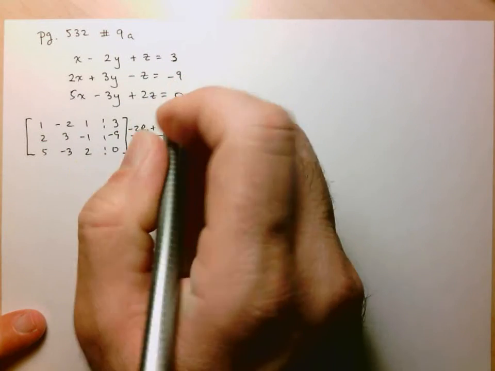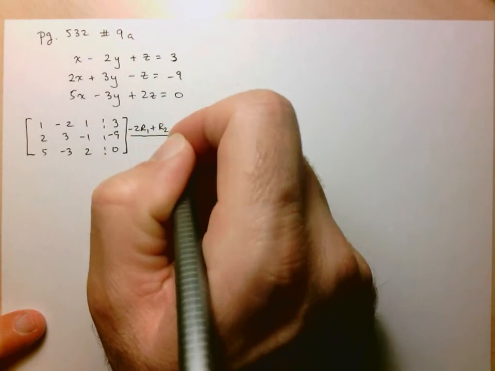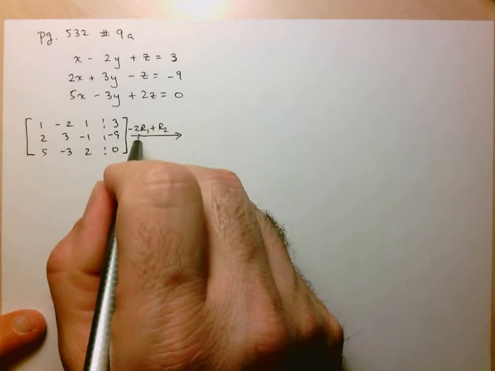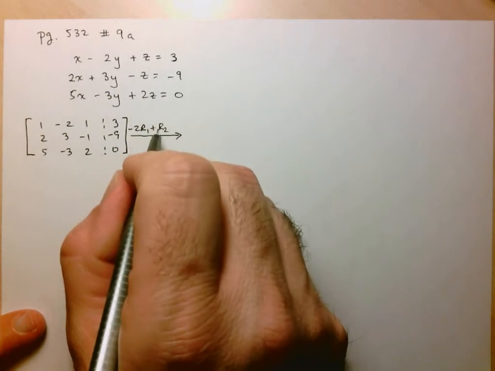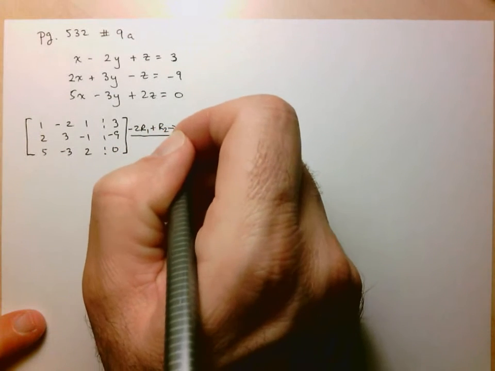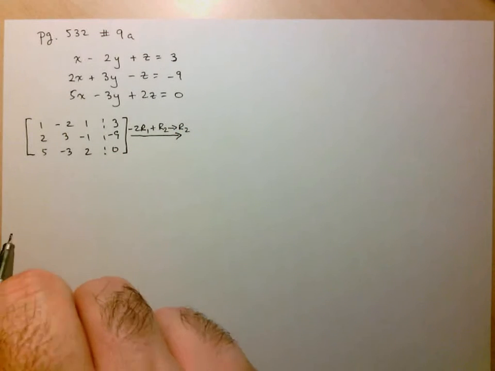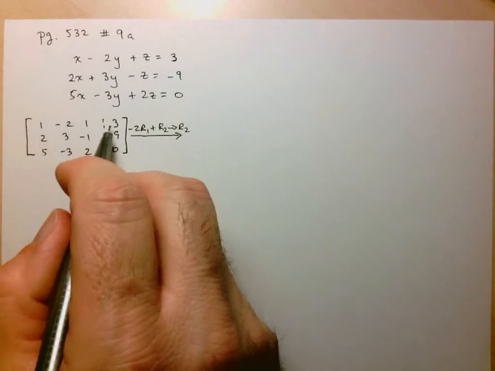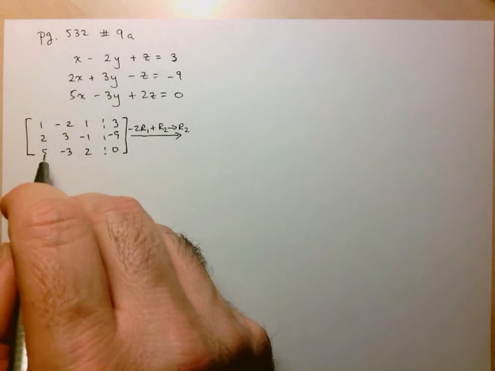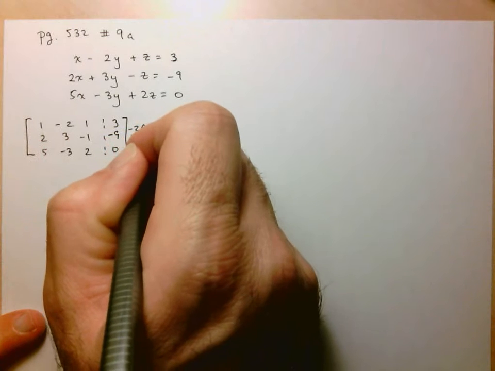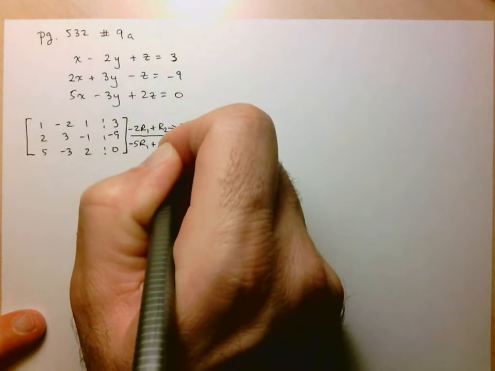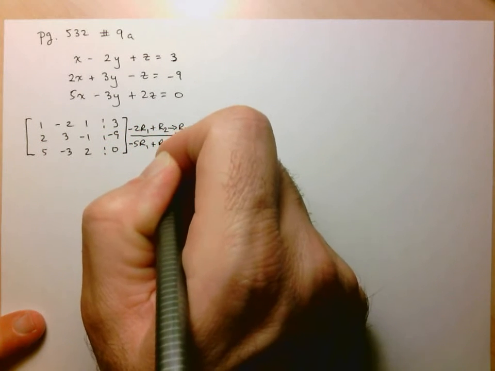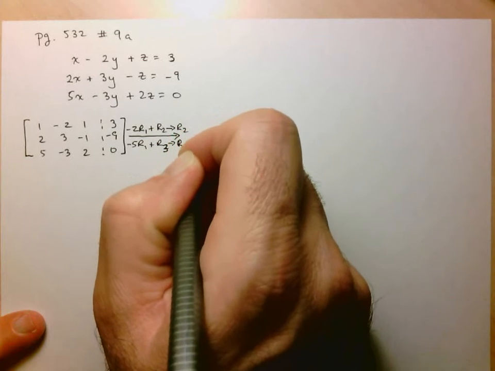I'm going to add row 2 to it, and this new row is going to replace row 2. Similarly, I'm going to multiply row 1 by -5 to eliminate that 5, so -5 R1 plus R3 is going to replace R3.